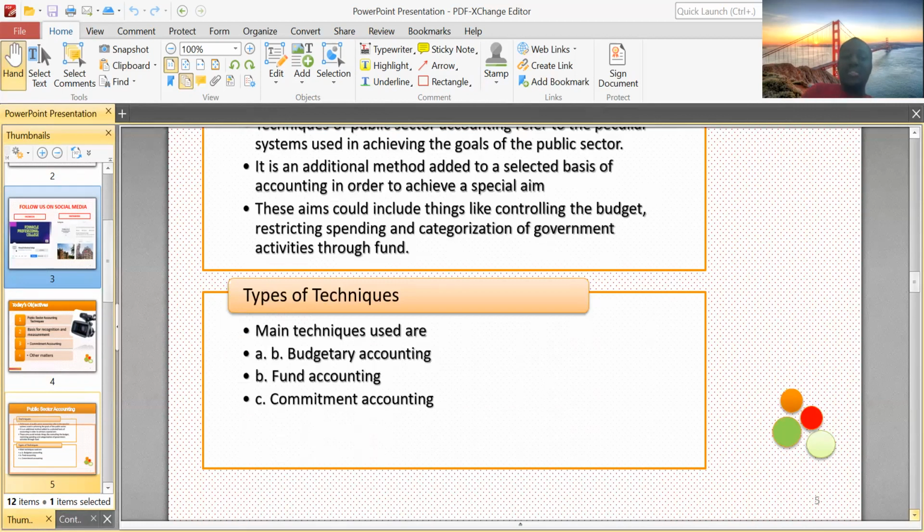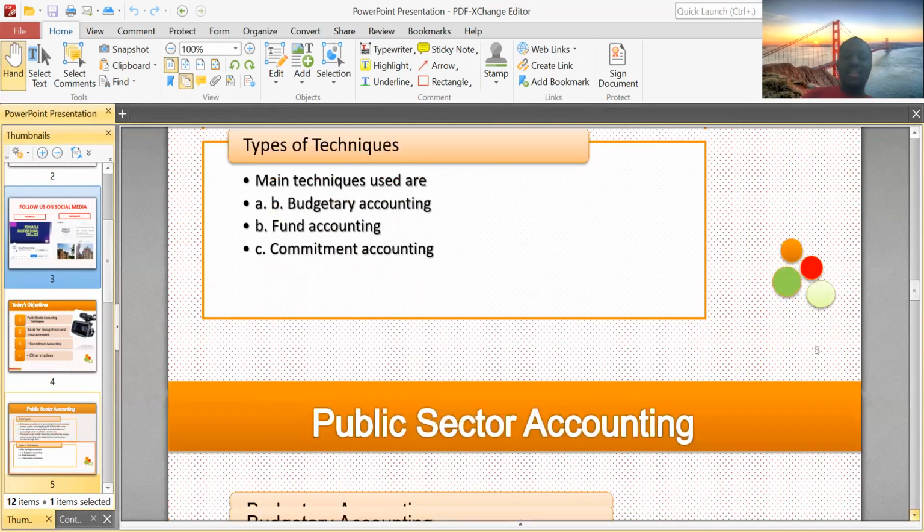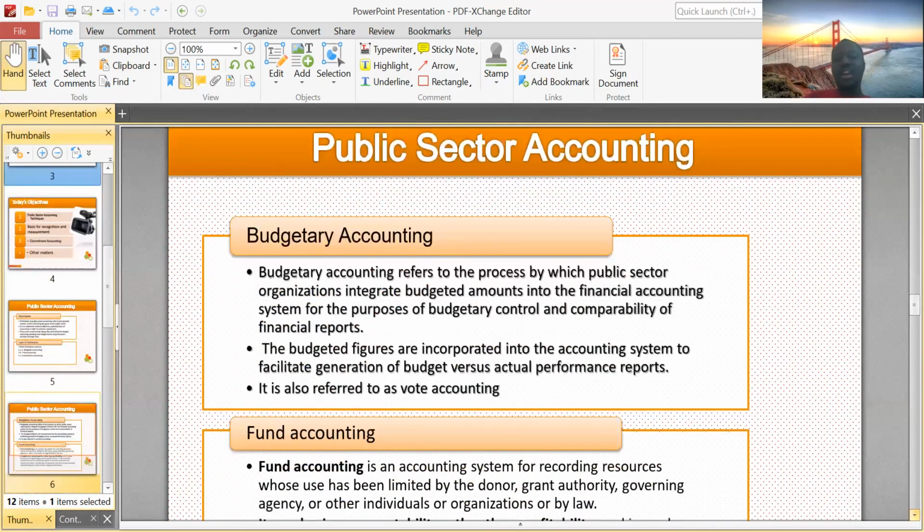The main techniques that are used are, number one, budgetary accounting. Number two, fund accounting. Number three, commitment accounting. So what exactly are these things? What exactly are these techniques? Let's find out. So budgetary accounting, it simply refers to the process by which the public sector organization integrate or include budgeted amounts into the financial accounting system for the purposes of budgetary control.